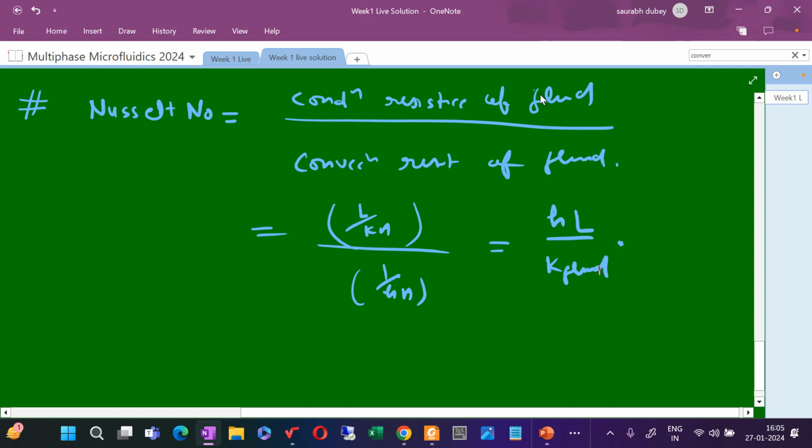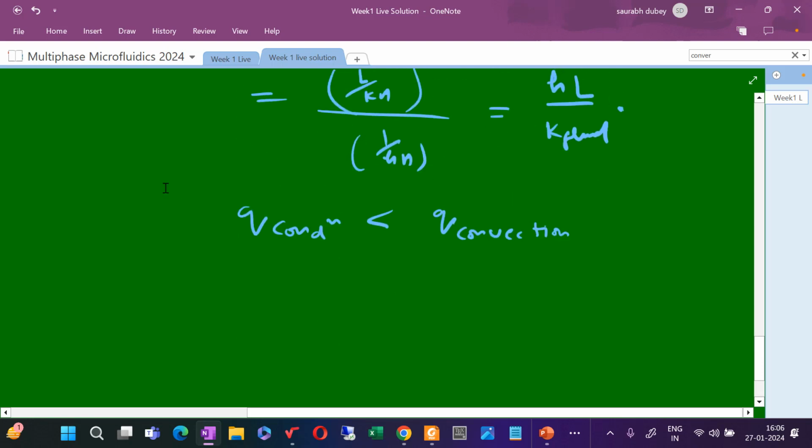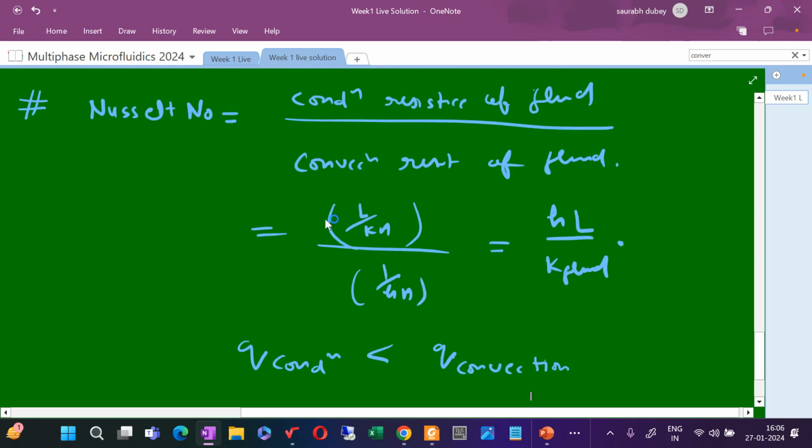So Q conduction will be less than Q convection, meaning heat transfer through conduction will be less, and convection will be more. If the Nusselt number is greater than one, the heat transfer will be more if the fluid is moving.